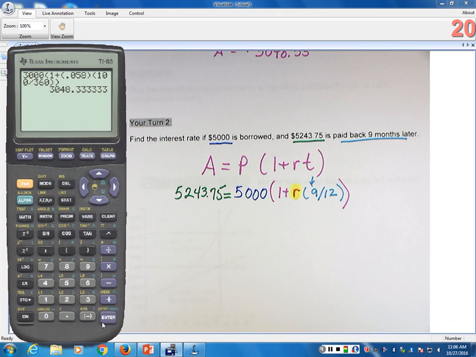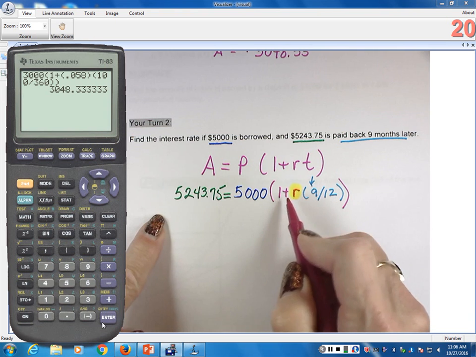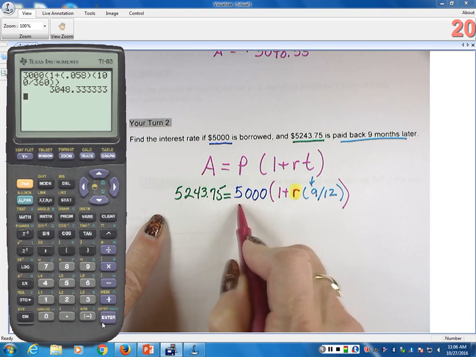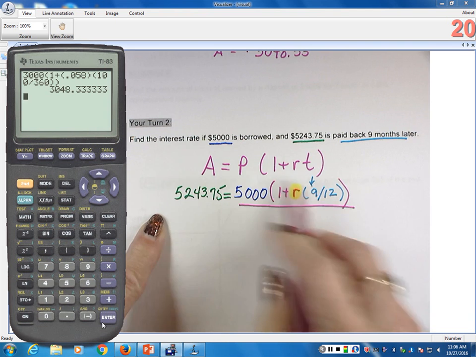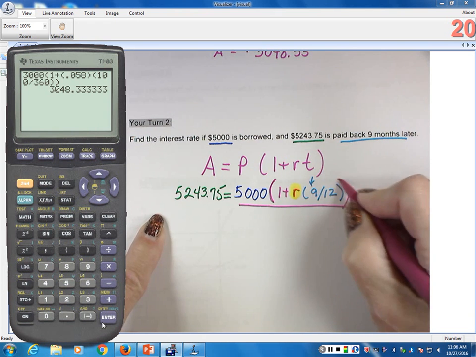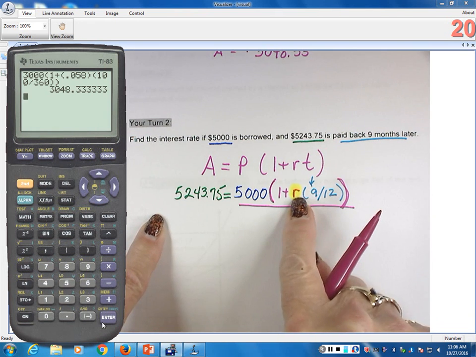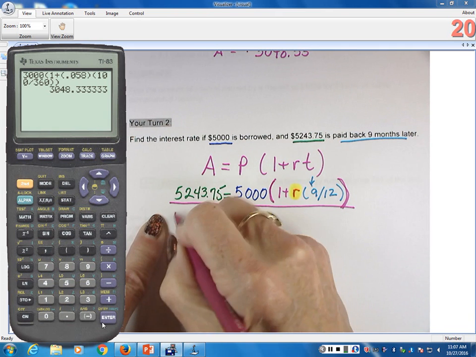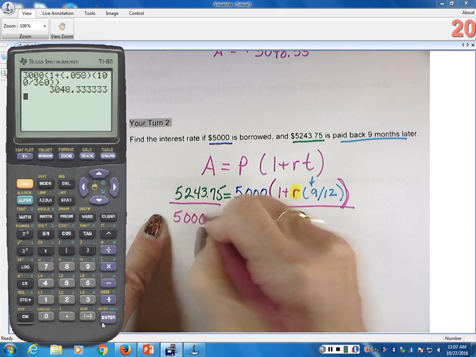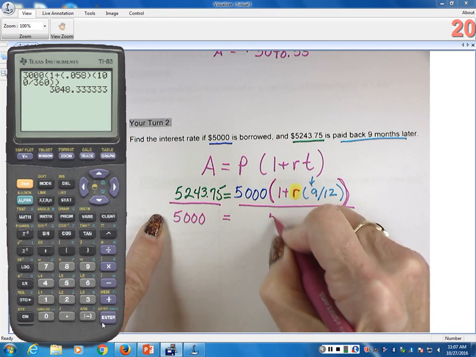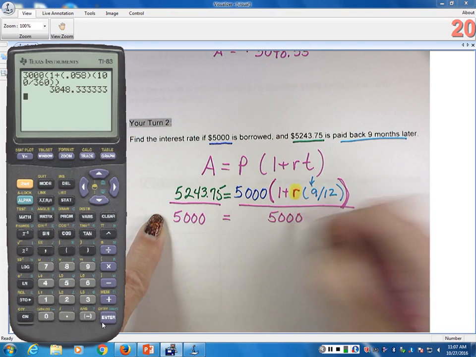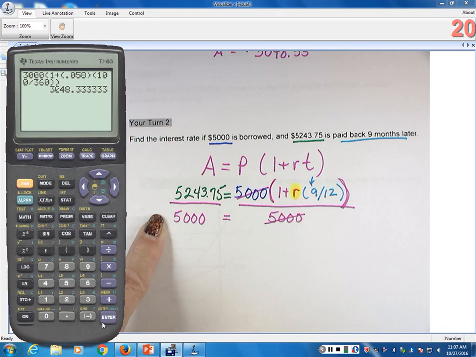So a little review for solving equations. I need to divide both sides of this by the 5,000 because it's 5,000 times everything in the parentheses. And what I'm trying to find is in the parentheses. Now, I'm not going to do any of the arithmetic until the end. I'm just going to carry everything along.